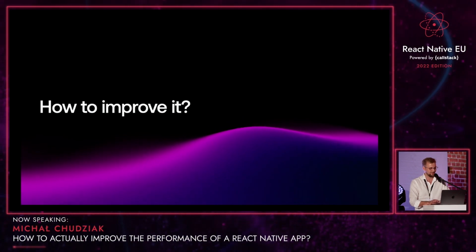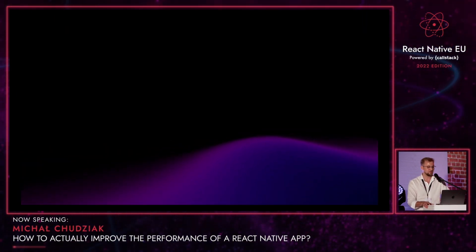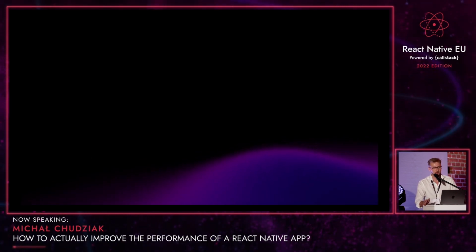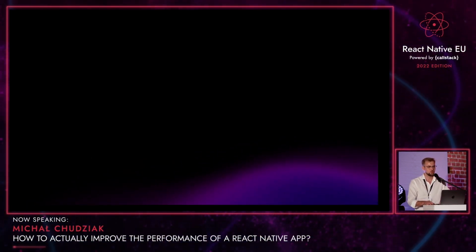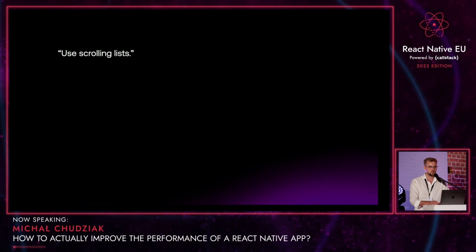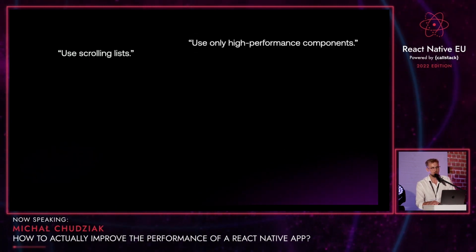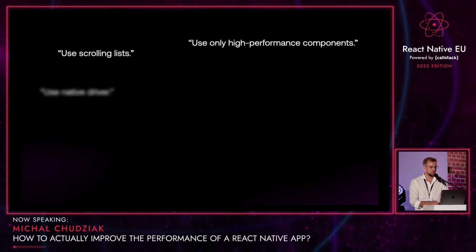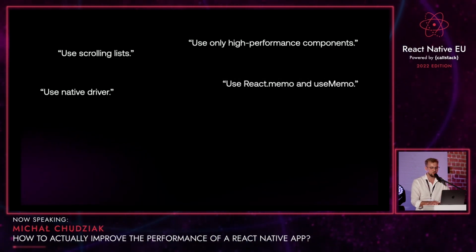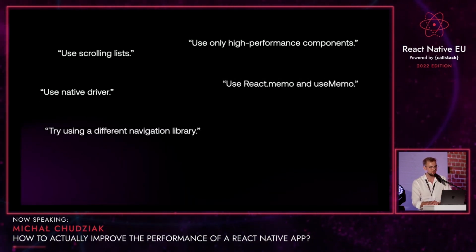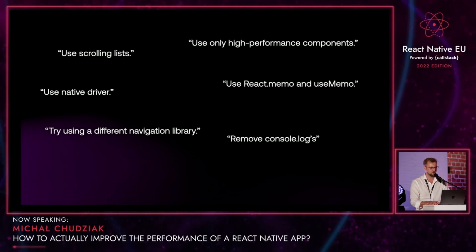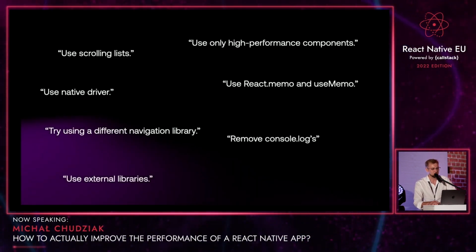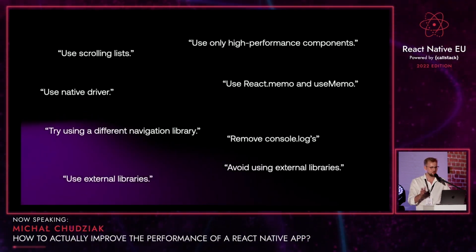I Googled it. And in my Google search, I ran into many tips and techniques that I could apply to my code base. Different articles and YouTube videos told me to use scrolling lists, use only high-performance components, use native driver, use memoization, try using a different navigation library, remove console logs, use external libraries, don't use external libraries.